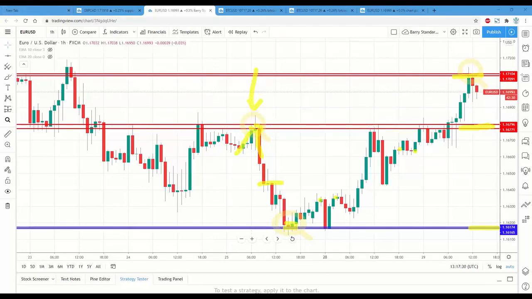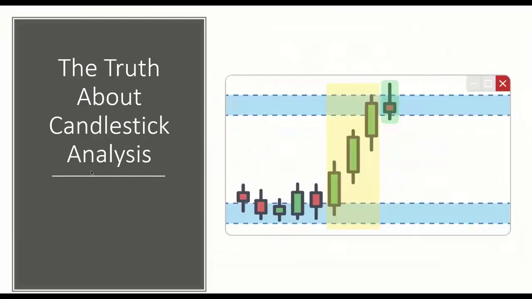So let's go back to my PowerPoint. We have our price movement in a defined trend, not a trend line. And it doesn't matter whether it's the last 3 candles, the last 9 candles, the last 12 candles. It needs to have a very specific move.